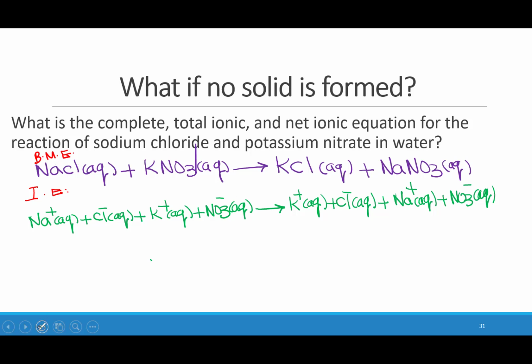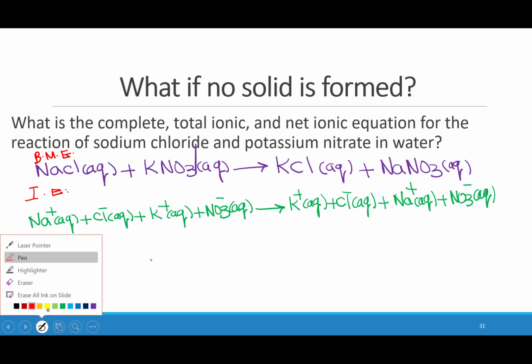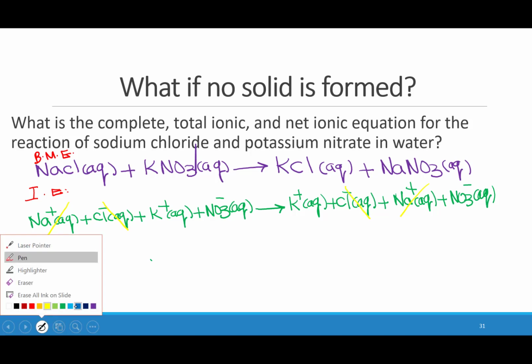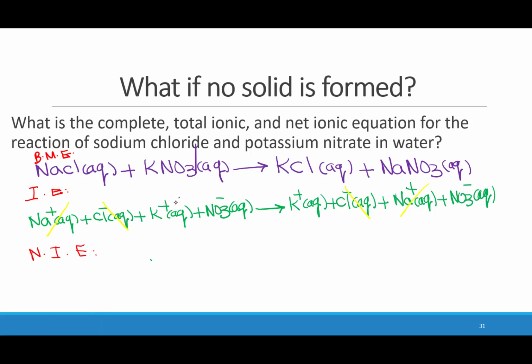Then as you can see here, next we're going to write your net ionic equation. As you can see here, then sodium ion, we have it on each side. We have chloride ion on each side. We have potassium ion on each side, and we have nitrate ion on each side.